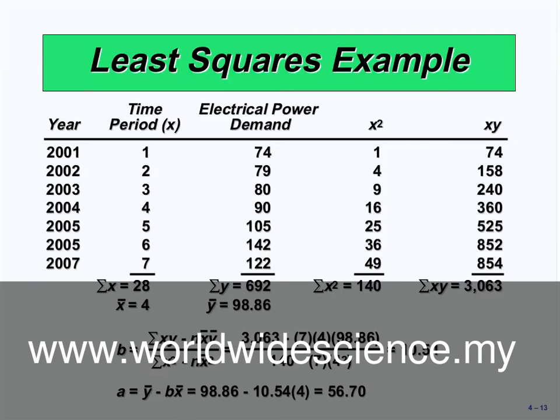We can use the formula and calculate B and A for the linear equation. Please calculate B and A now, because sigma xy is clear now. We already calculated it, and y bar is clear. Everything has been calculated here, so we can calculate A and B easily.